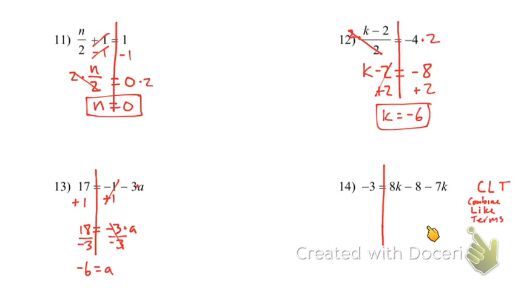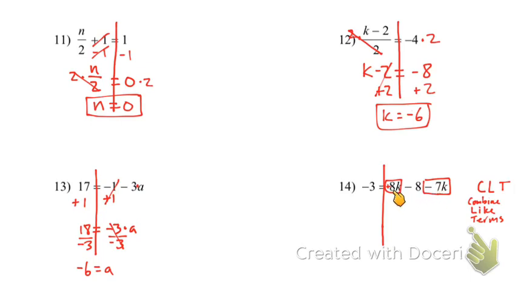Okay, so a like term is when you have two numbers that have the same exact variable. So I have 8K, positive 8K, and -7K. So this is positive 8K. We're going to combine it with -7K. When I say combine, we're really just meaning we're going to either add or subtract depending on the sign.